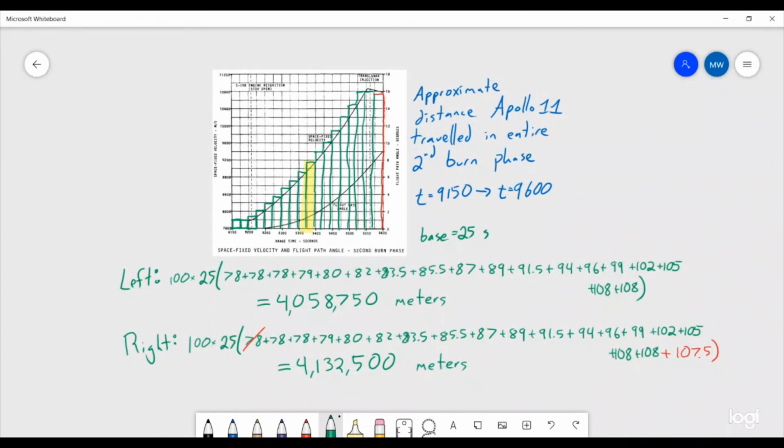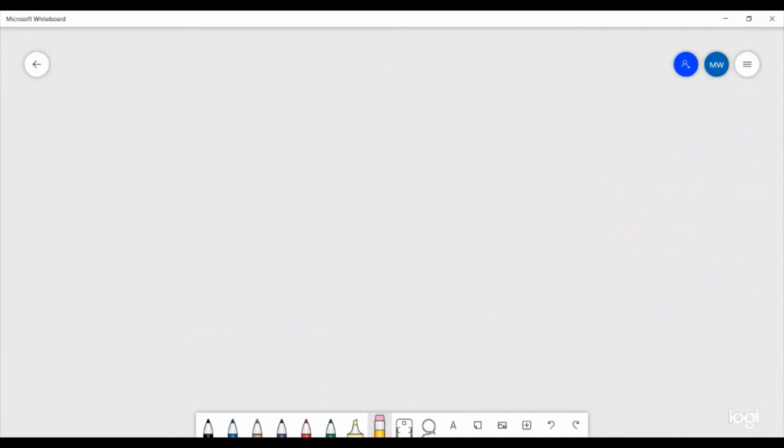Alright, so now that we've done this, let's move on and talk about using the limit definition of the definite integral.